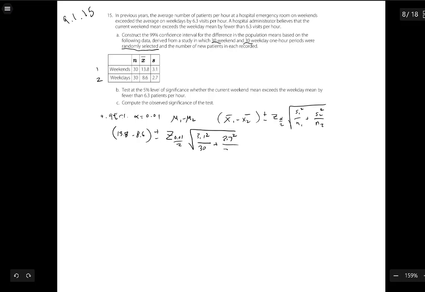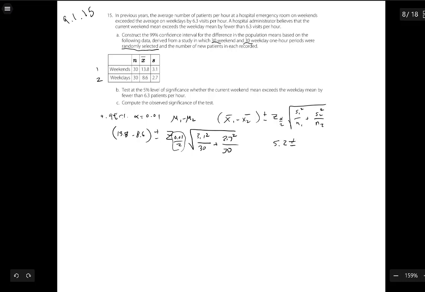The sample sizes are the same for both in this case. Let's work these as we go through and make the subtraction. We're at 5.2 plus or minus z of 0.01 over 2, which is 0.005.